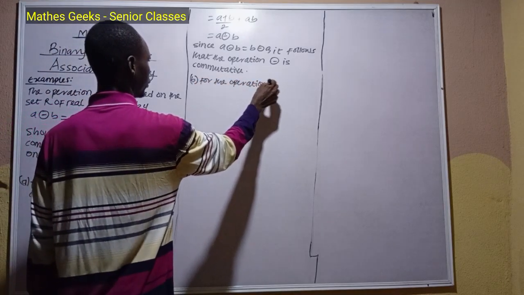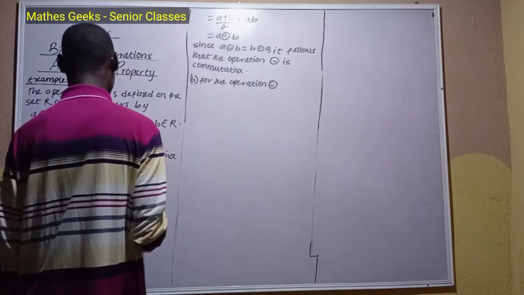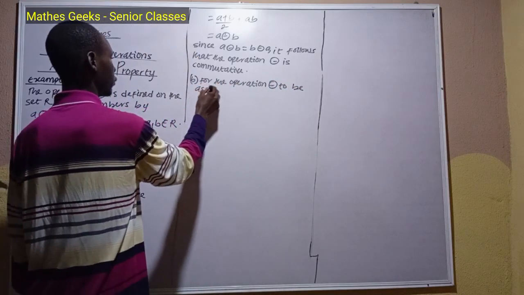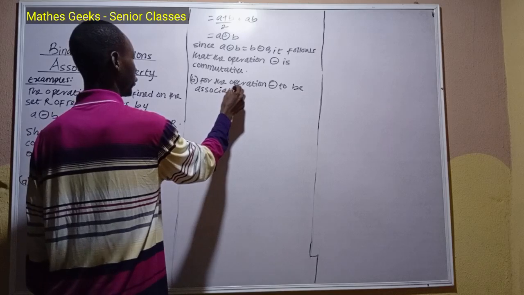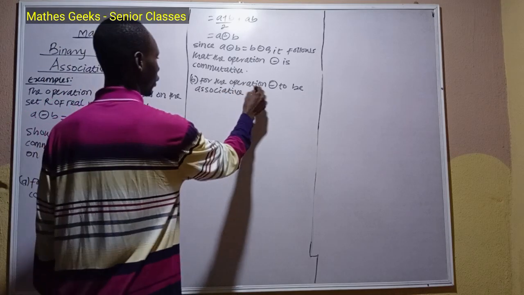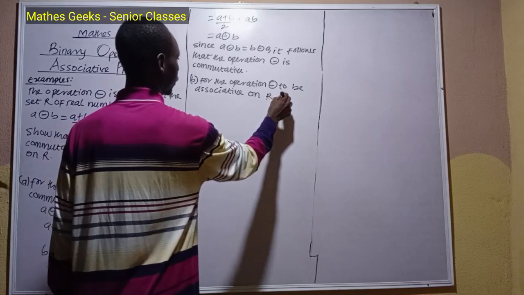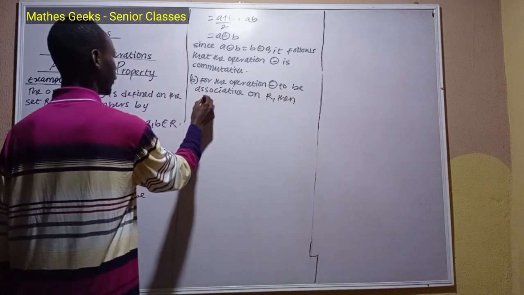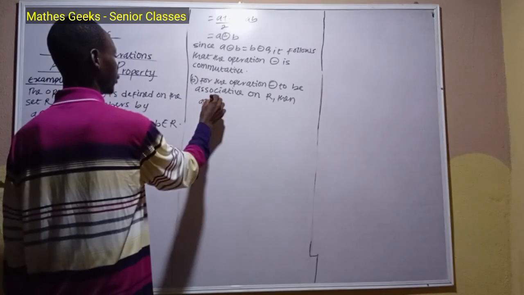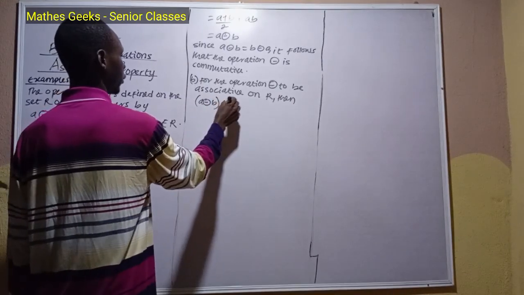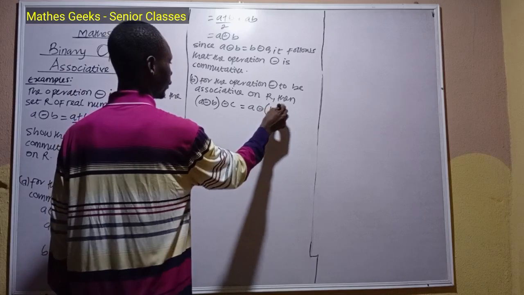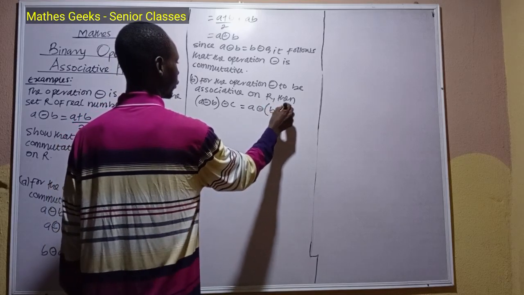For the operation to be associative on R, then (A operation B) operation C should be equal to A operation (B operation C).